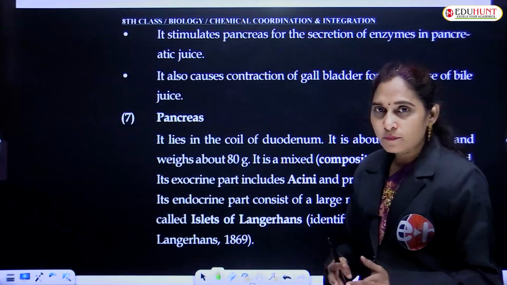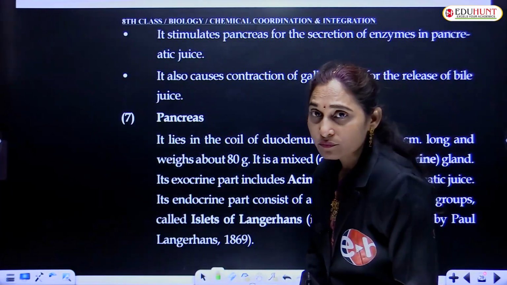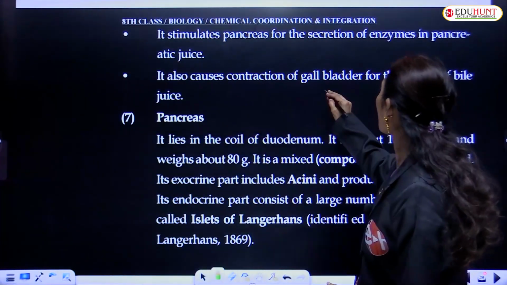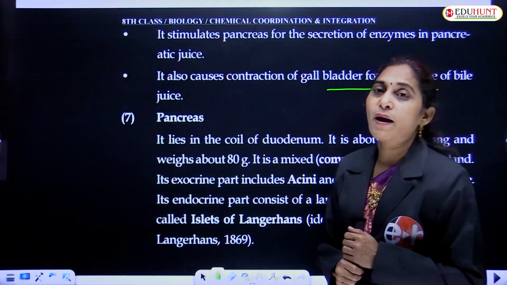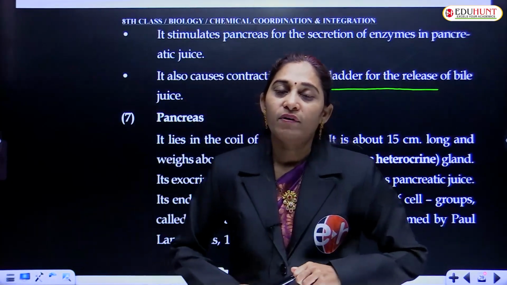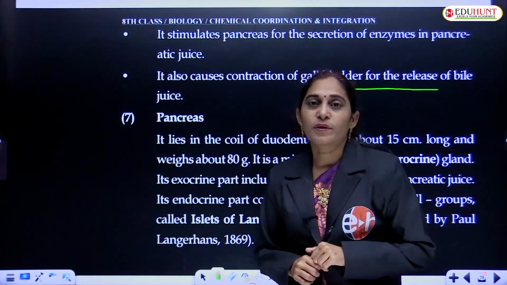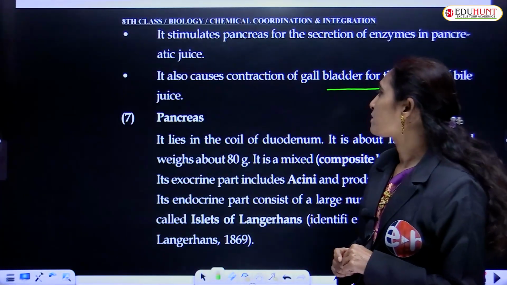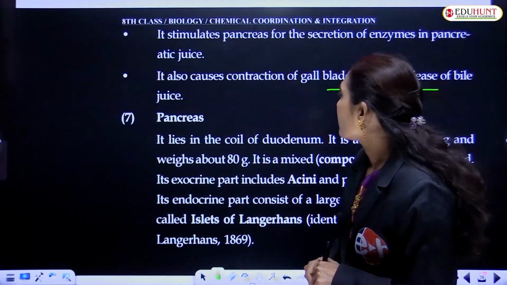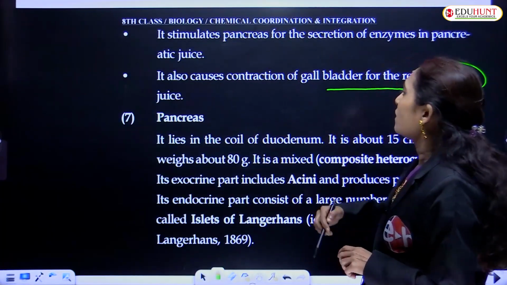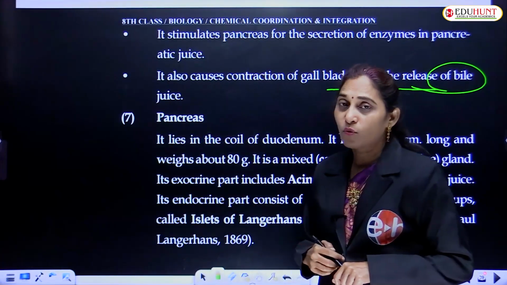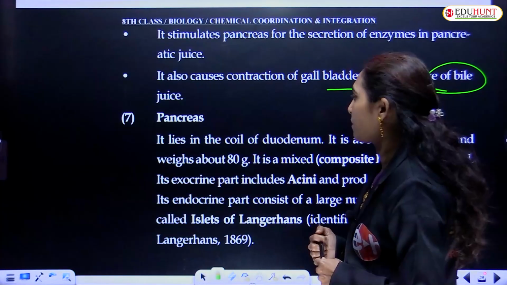It also causes contraction of the gallbladder for the release of bile juice. Bile juice contains bile pigments, bilirubin and biliverdin, and these pigments are the reason for the pigmentation of fecal matter. This is under the influence of the hormone cholecystokinin or pancreozymin.